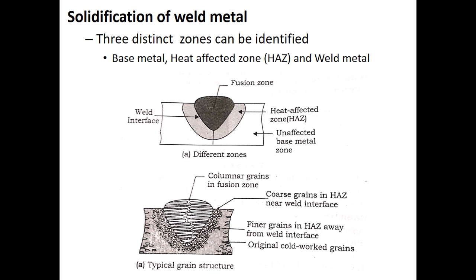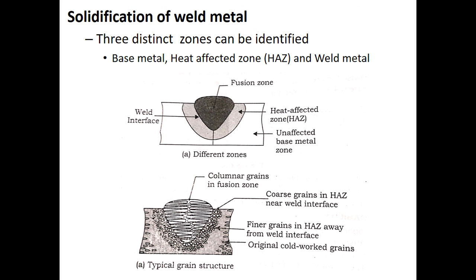Because of the heating and cooling, the microstructure of this region changes. As a result, the properties will change. But please note that the base metal which is away from the heat affected zone or the weld zone does not undergo any changes.